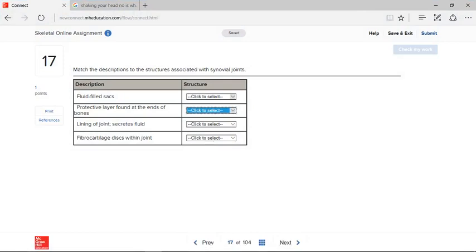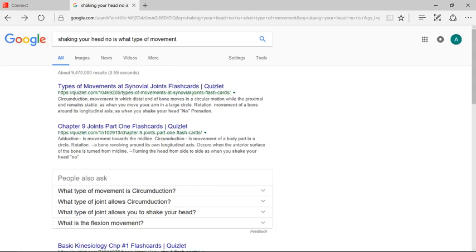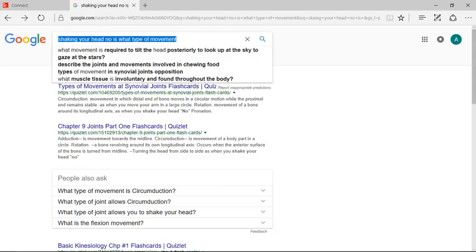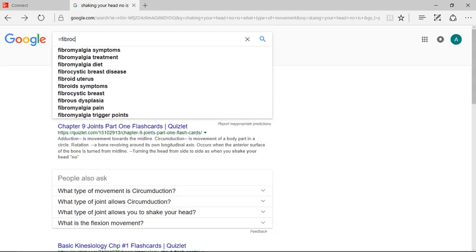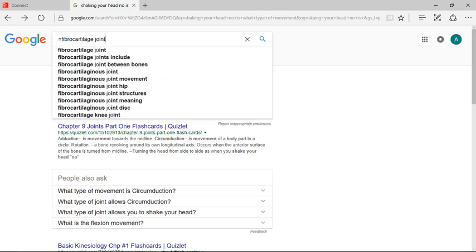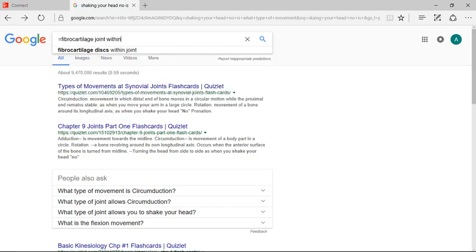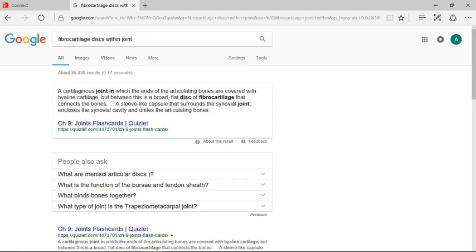Lining of joint secretes fluid. Fibrocartilage disc within joint. Holy, where can I find this? So what is a fibrocartilage disc within joint? Within a joint. A cartilage joint in which the ends of the articulatory bones are covered with hyaline cartilage. But between this is a broad, flat disc of fibrocartilage that connects the bones.